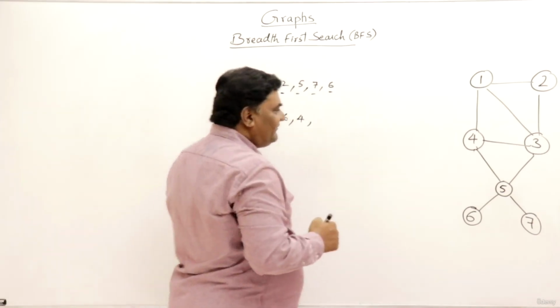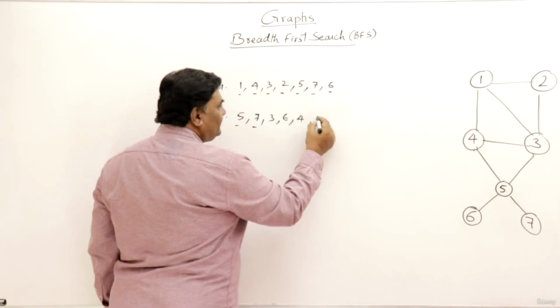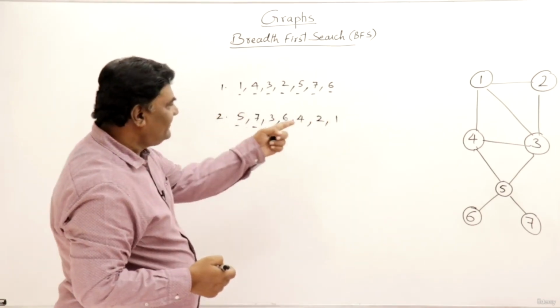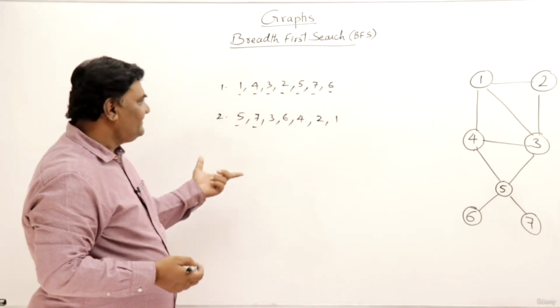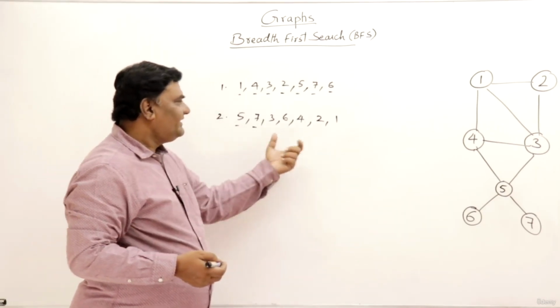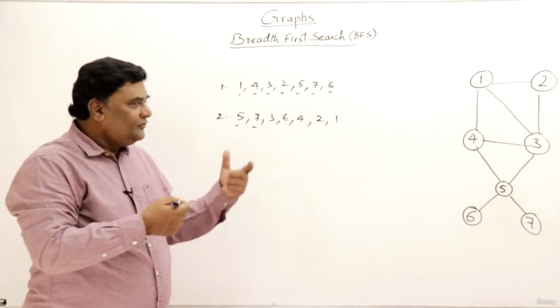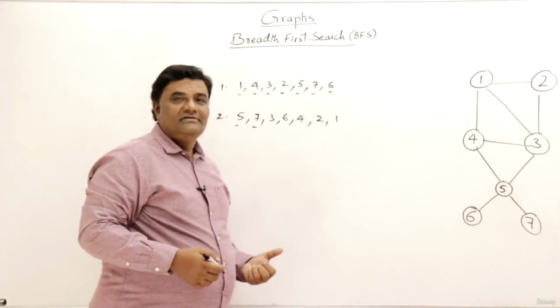Then explore 3. For 3, the adjacent vertices are 2 and 1. So 2 and 1. Now I have actually finished all the vertices. I can stop now instead of continuing, because a total of 7 vertices are there, and I got all 7. As I am doing it manually, I can stop here. Otherwise, every vertex should be checked.